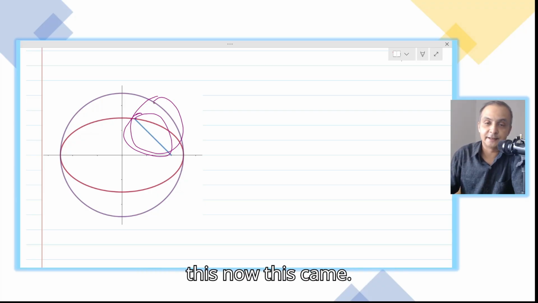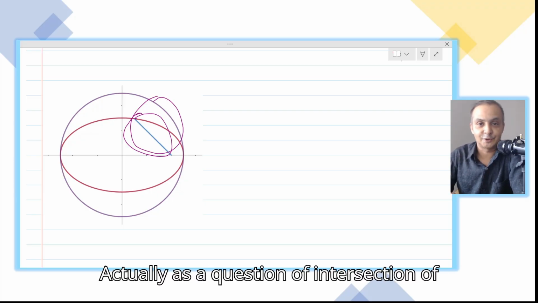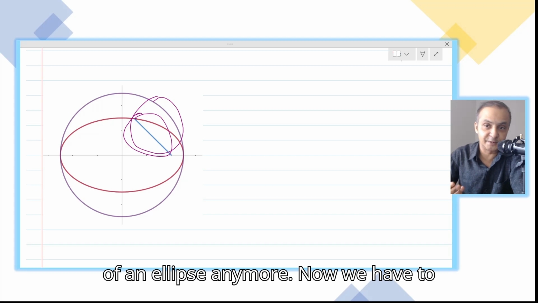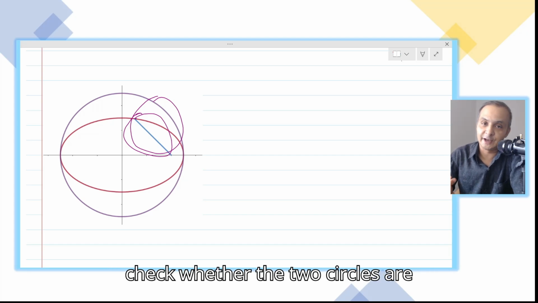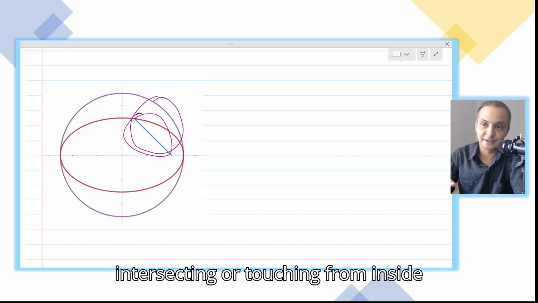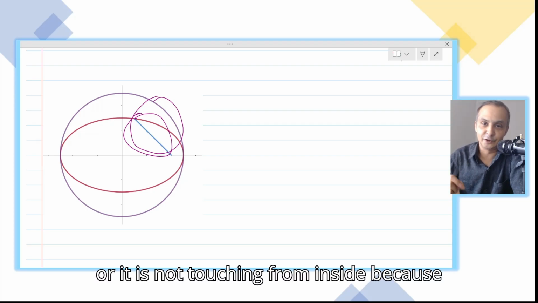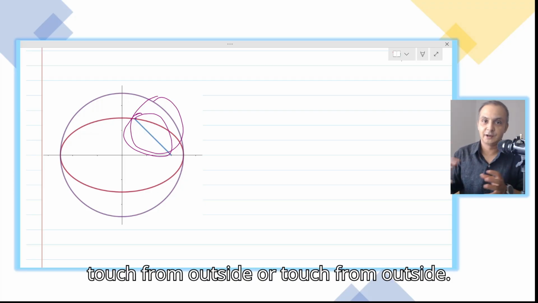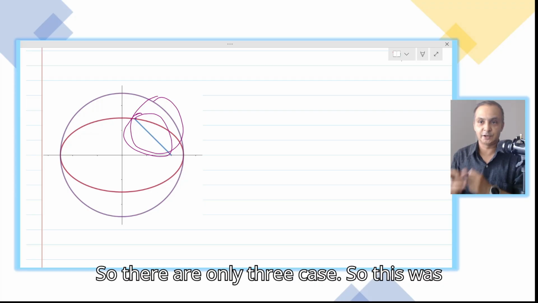So this actually became a question of intersection of two circles. It's not a question of an ellipse anymore. Now we have to check whether the two circles are intersecting or touching from inside, or not touching from inside, because there is no other case, they cannot touch from outside. So there are only three cases.